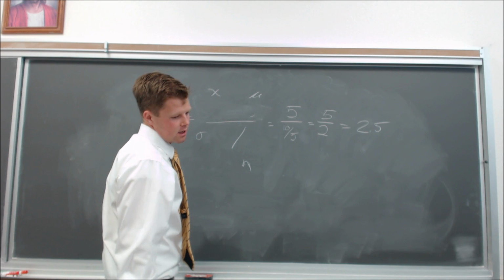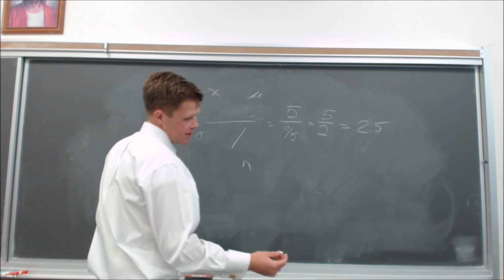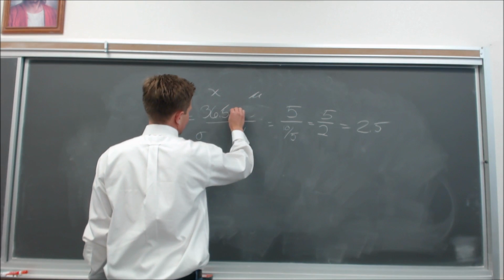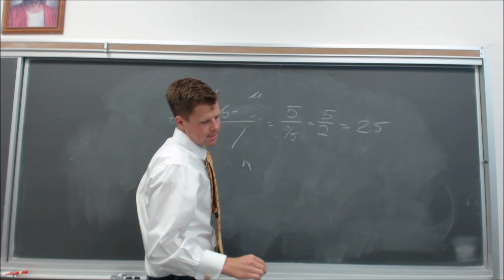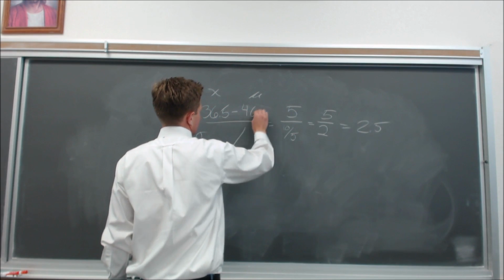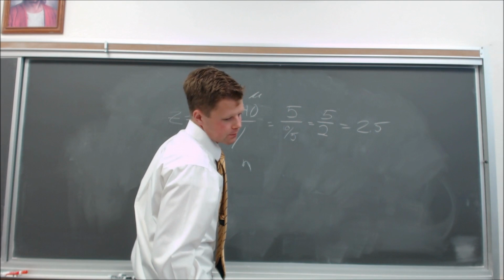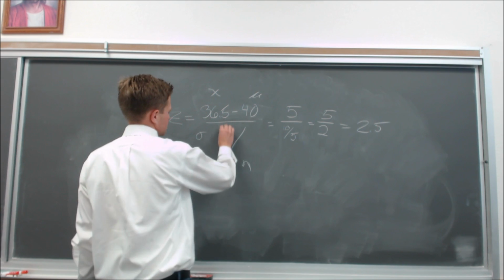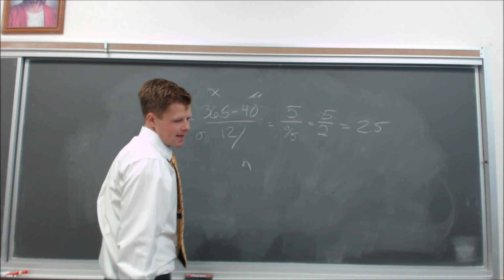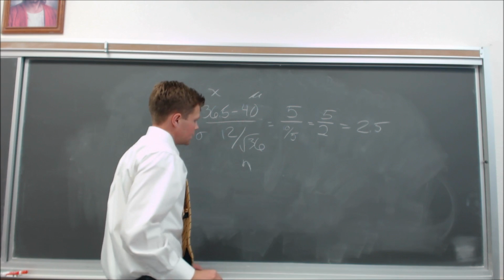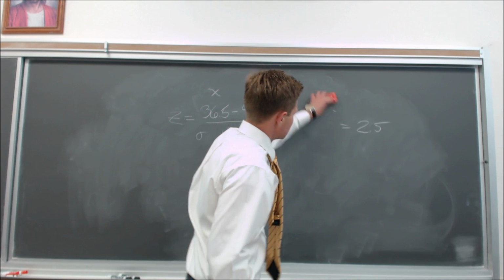Okay, so in this case, the value we're looking at is 36.5, and our mu is the mean, which is 40, divided by our sigma, which is the standard deviation of the population, of 12, and the square root of our sample size, which in this case is 36.